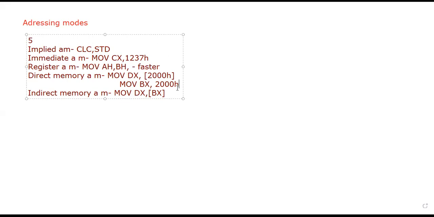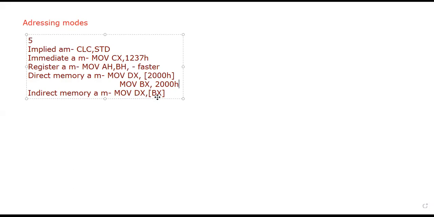Okay, so these are the different 5 types of addressing mode. Here we are dealing with the most powerful addressing mode, just because it uses a memory address, and that address is also stored in some other register. We can say this is a kind of pointer.